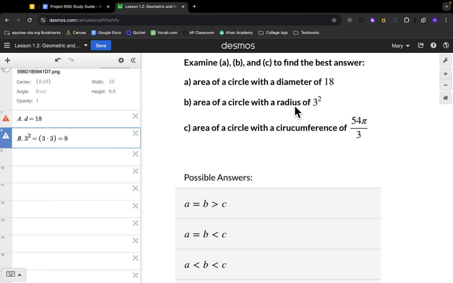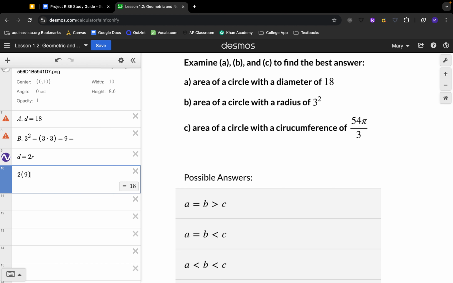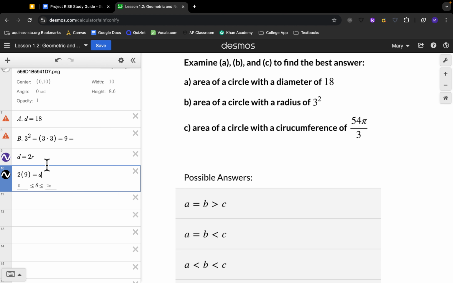We need to know a connection between parts A and B. The radius is 1/2 of the diameter, or D equals 2R. So if we're told in option B that our radius is 3 to the power of 2, or 9, then our diameter is 9 times 2, which equals 18.